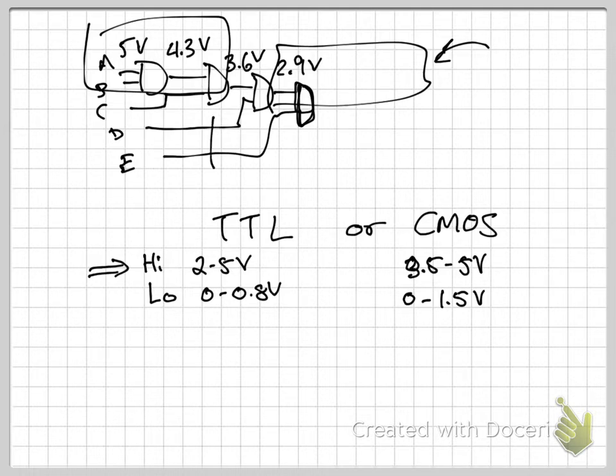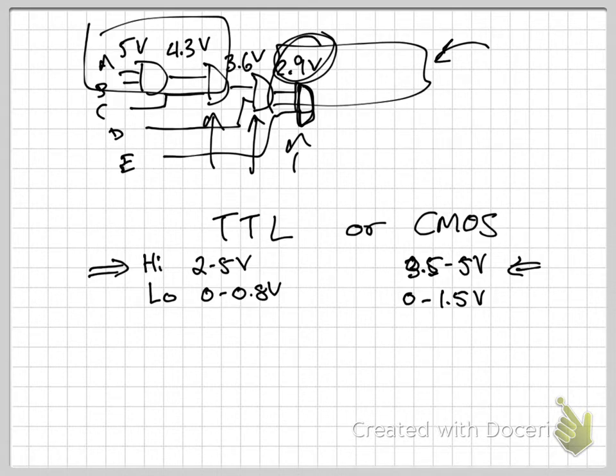You can only attach 2 gates before the third gate has too low a voltage to tell whether it's high or low, because the voltage here is 3.5 volts for high, but we've gone down to 2.9 volts. So if these were CMOS and those were the actual voltages, the fan out would only be 2. And this is not true. For actual CMOS chips, the voltage is not going to drop as you cascade them together.